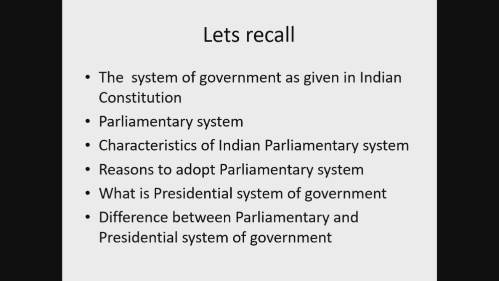We also discussed the characteristics of the Indian parliamentary system. We learnt the reasons why India adopted the parliamentary system as the government system. We also discussed what is the presidential system of government along with the difference between parliamentary and presidential systems of government.